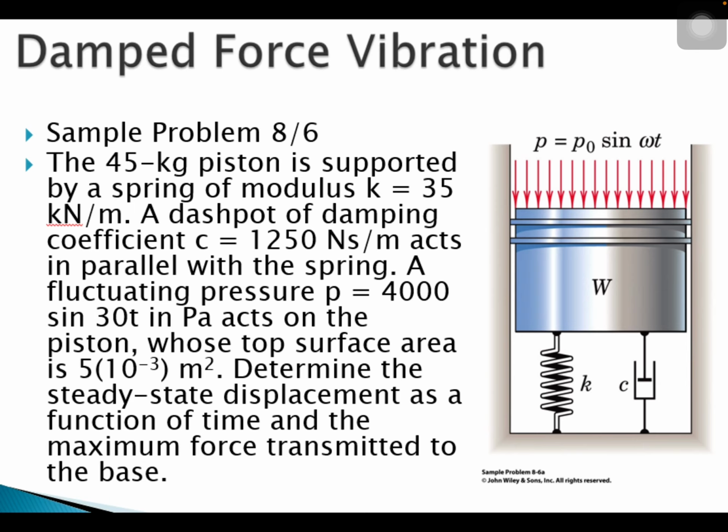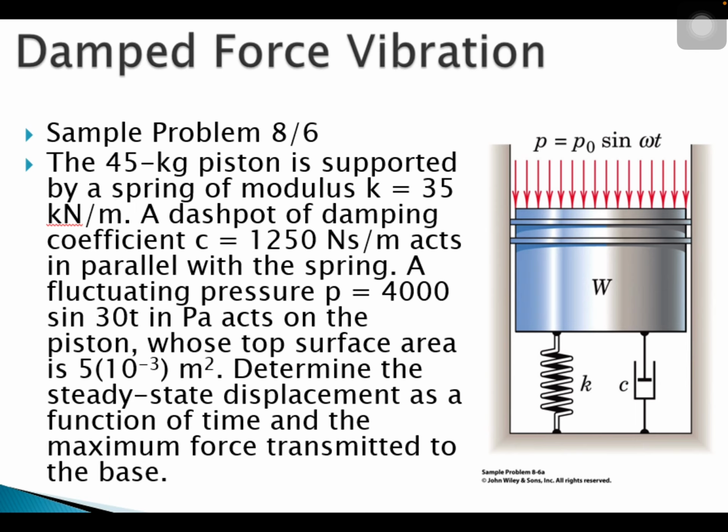Therefore, we will not get confused when we do the calculation. We need to change to 35,000 Newton per meter. And we also have the value for the damping coefficient. We have the fluctuating pressure. Now we are using pressure instead of force, but don't worry.